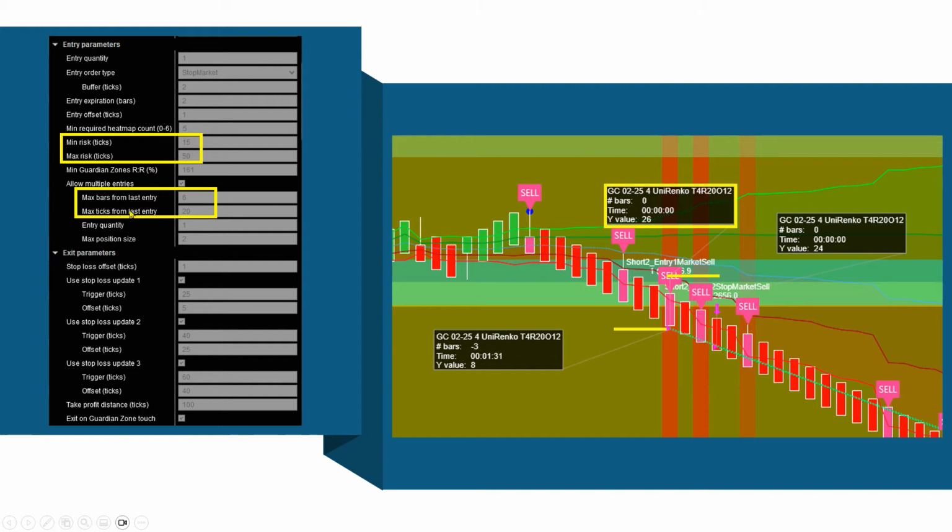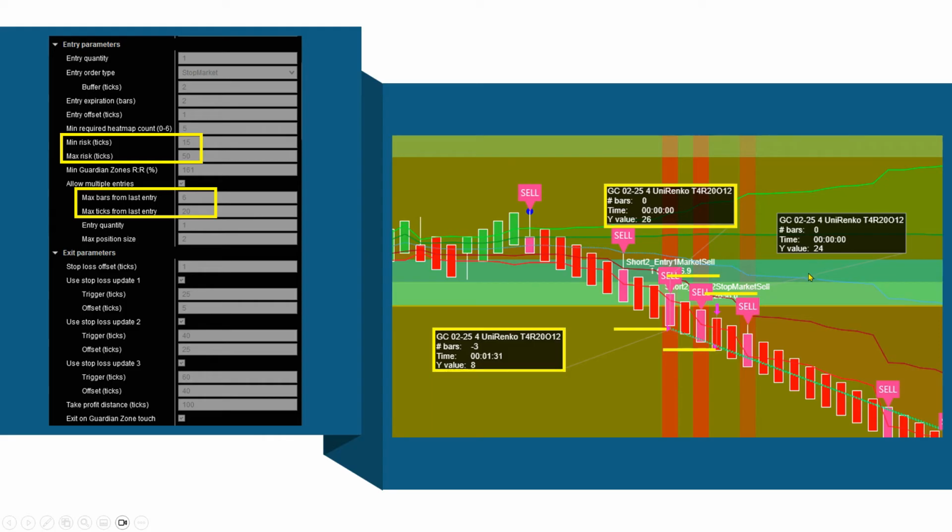And then a maximum ticks from last entry is 20. So we can see here, this signal candle from that first one is only 2 bars away. So it meets that first criteria, and it's no more than 6. And then it's only 8 ticks with this measurement here from the previous entry. So that is less than the 20.